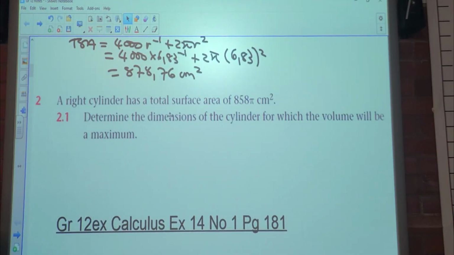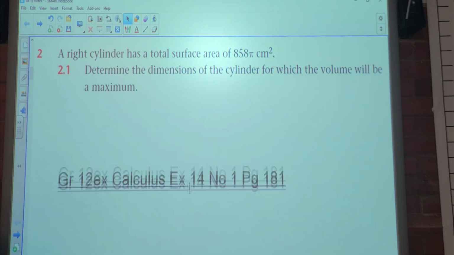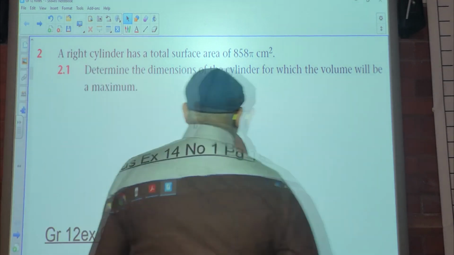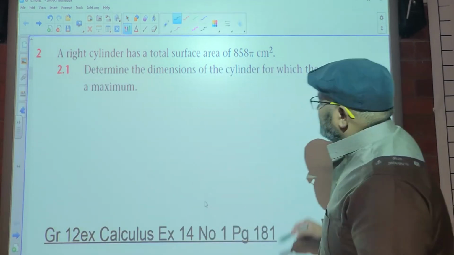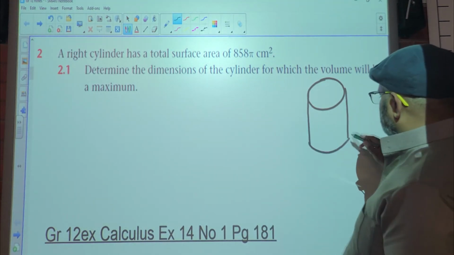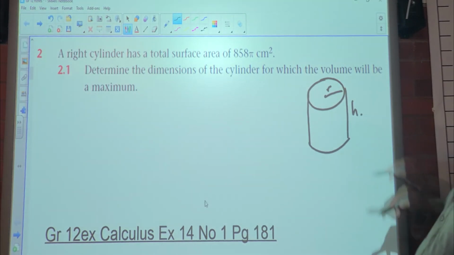Now we're looking at 2.1. A right cylinder has a surface area of 858 pi centimeters squared. So again we're looking at a right prism, a cylinder. Here we've got the radius of course and we've got the height.